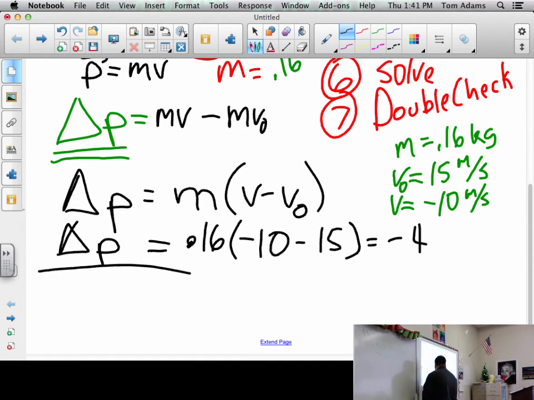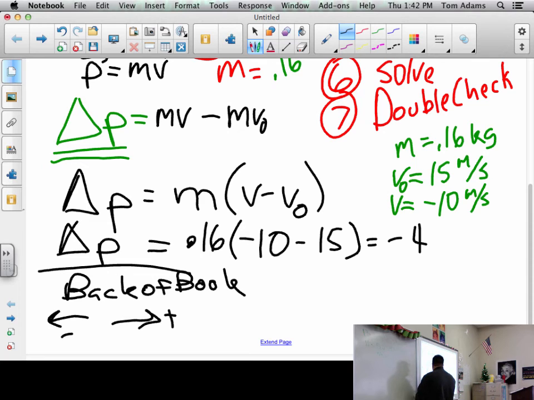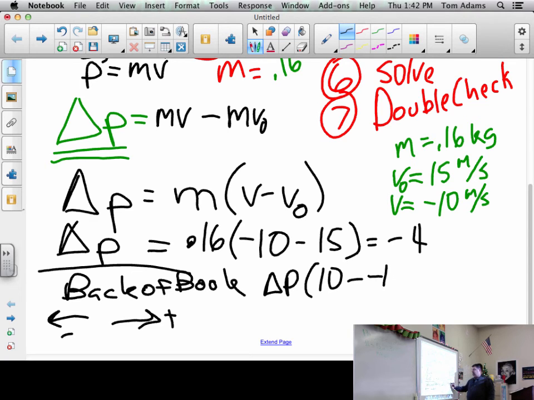We have 4 here, but the back of the book said that this direction is positive and this direction is negative. Well, if that's the case, then their change in momentum would have been positive 10, and then minus 15, times the 0.16, which was equal to positive 4.